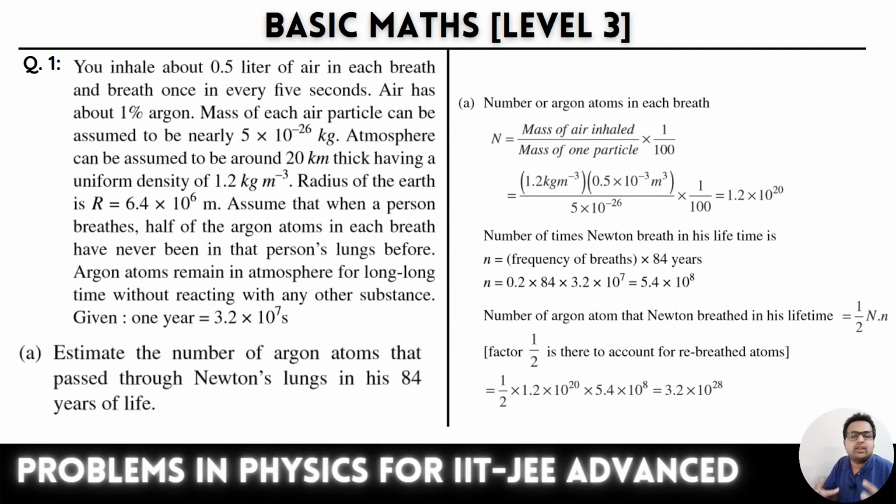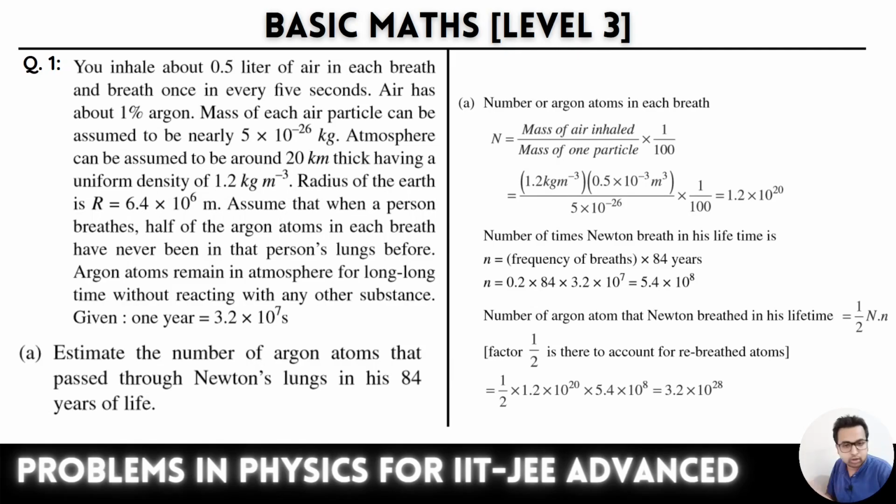Now the trick is the other scenario in the question. It is given that during every breath, 50% of the argon atoms are new, and 50% are argon atoms which he breathed earlier.